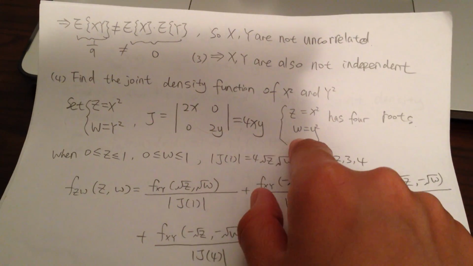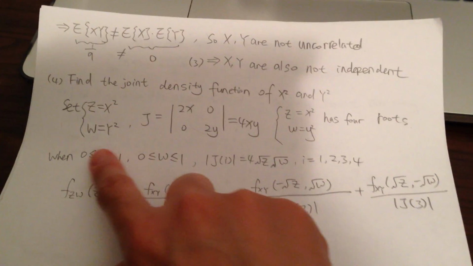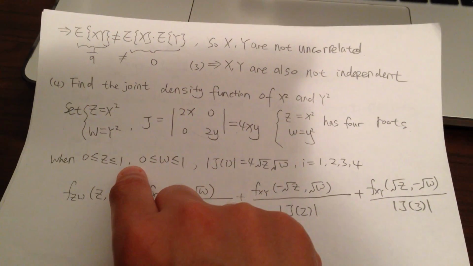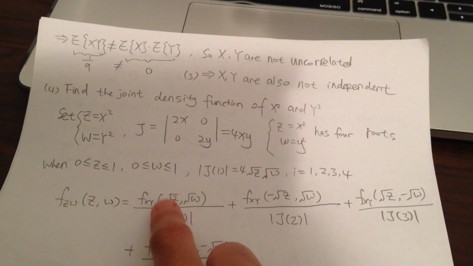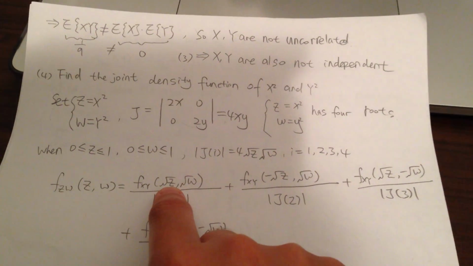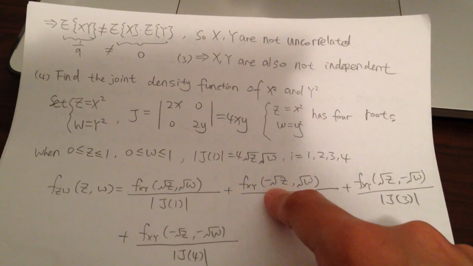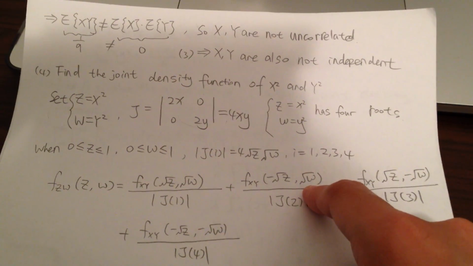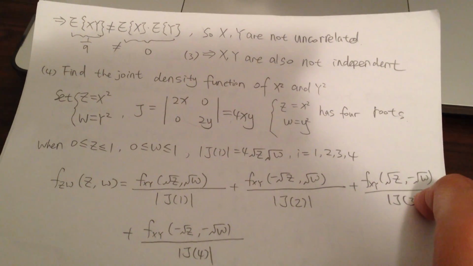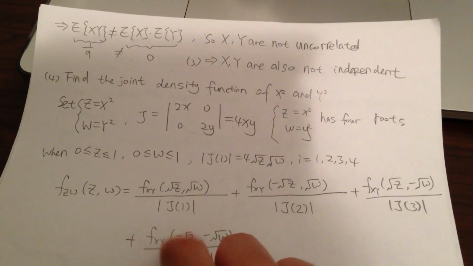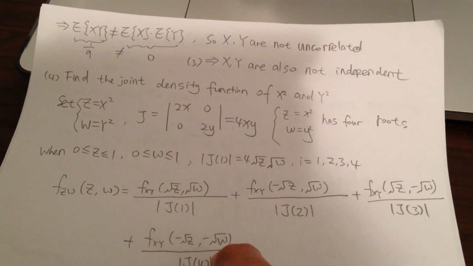In this situation, for x and y we have 4 roots. When z ranges from 0 to 1 and w ranges from 0 to 1, we get 4 roots: positive square root of z with positive square root of w; negative square root of z with positive square root of w; positive square root of z with negative square root of w; and negative square root of z with negative square root of w.